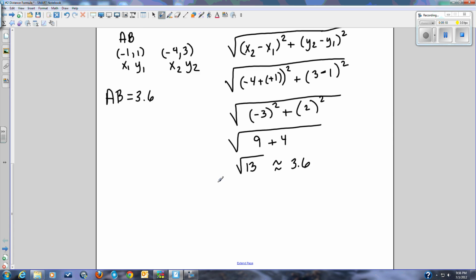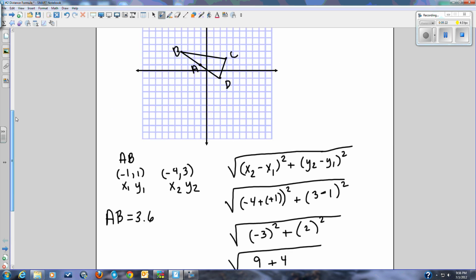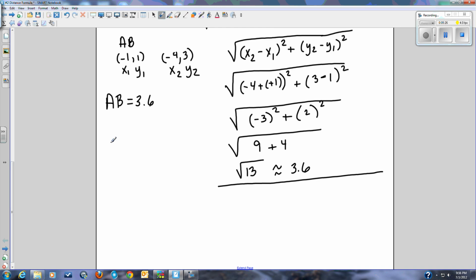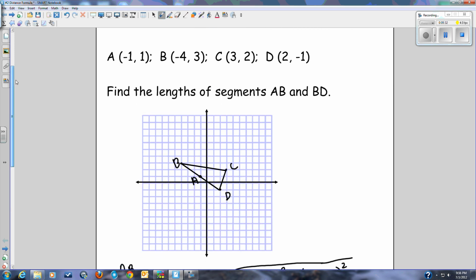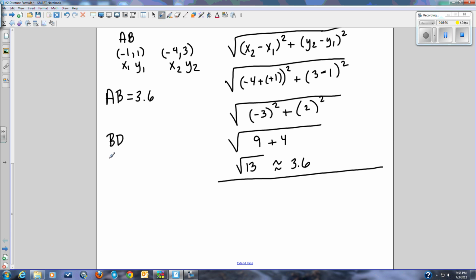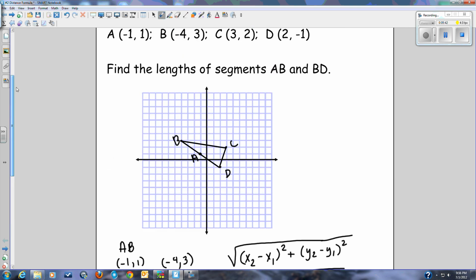Now, let's do the length of segment BD. Now, BD uses the points -4, 3, and that's point B. Let's go back up here.